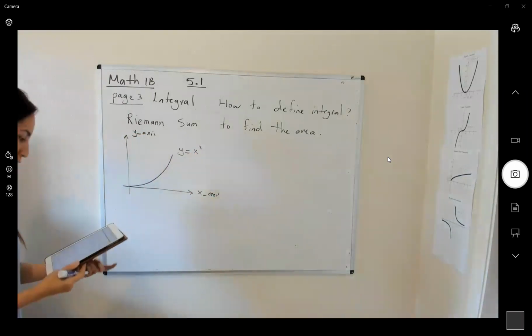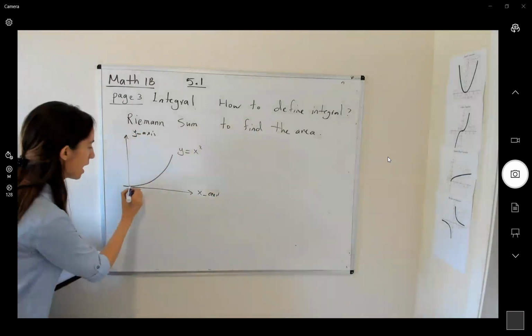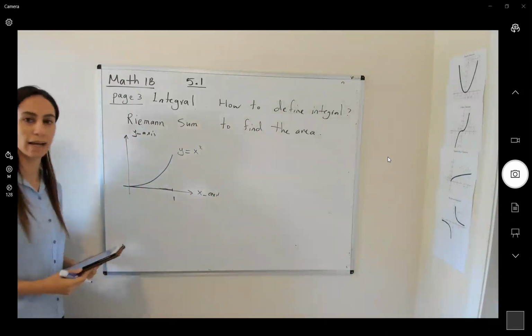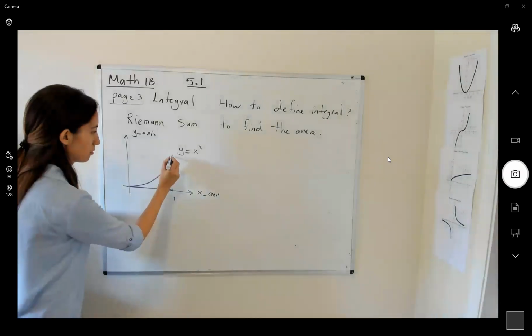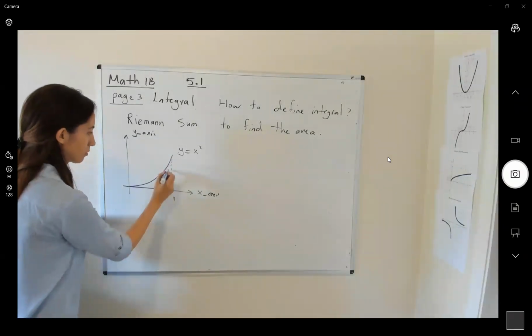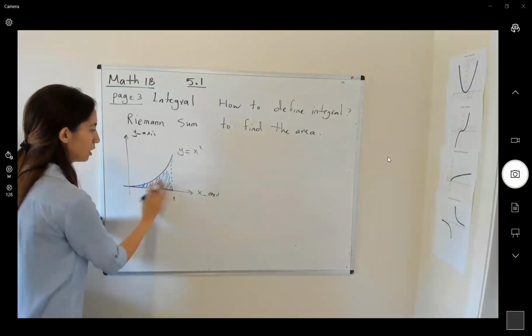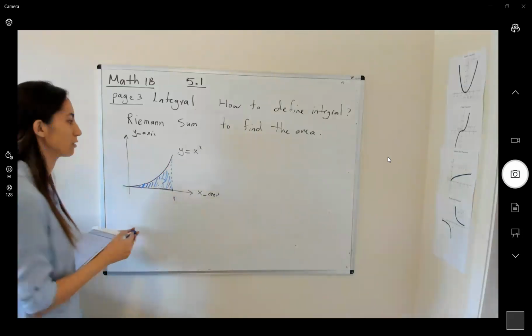And suppose I want to find the area between the graph of the function and the x-axis, and x stops at 1. So this is the area that I want to find. This is my area. Let me shade this for you. What is this area? How to measure or calculate this area?